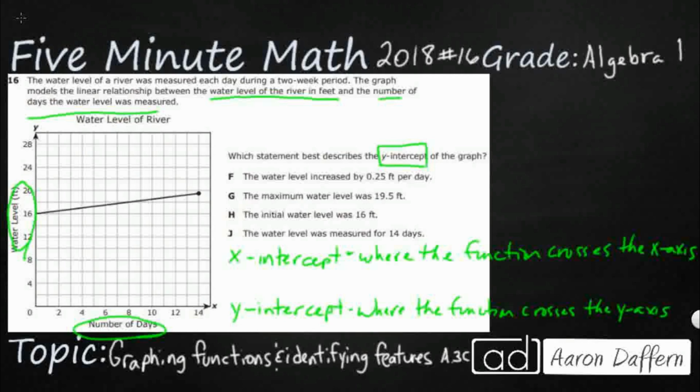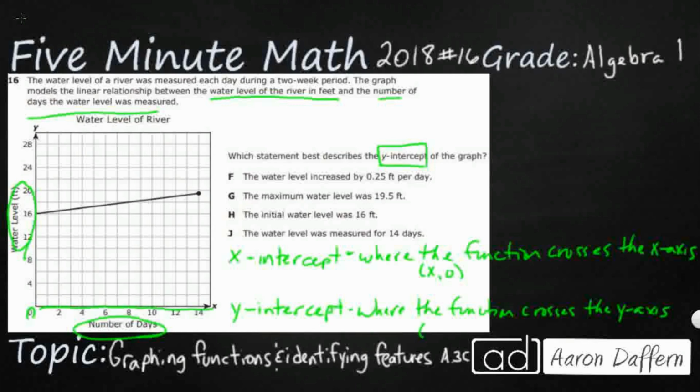So our x-intercept is going to have a y of 0. We don't know what the x is, but it has a y of 0, because when you have a y of 0, that means you're going to be on that x-axis.